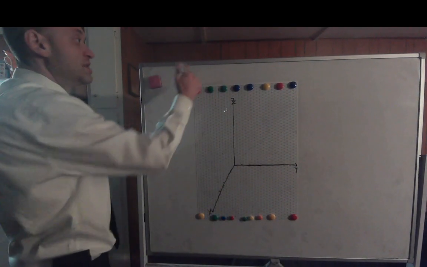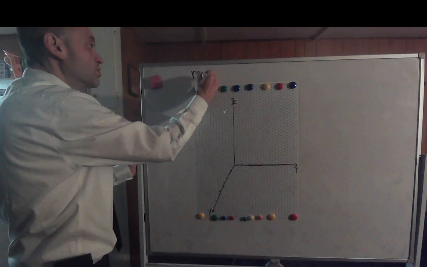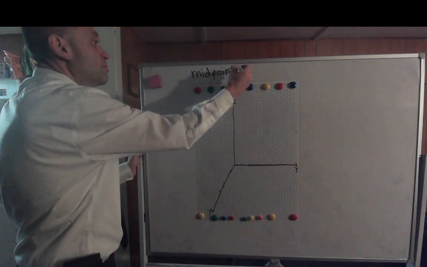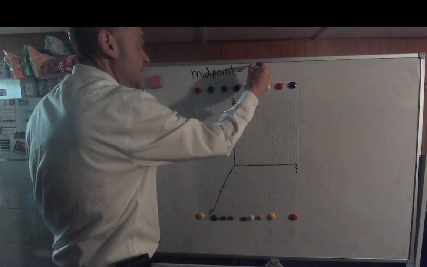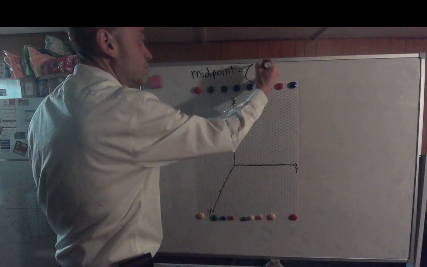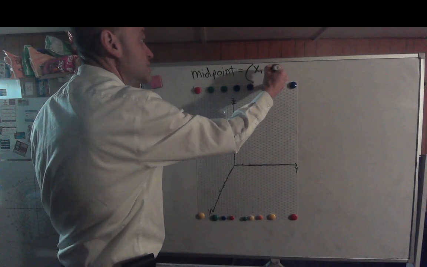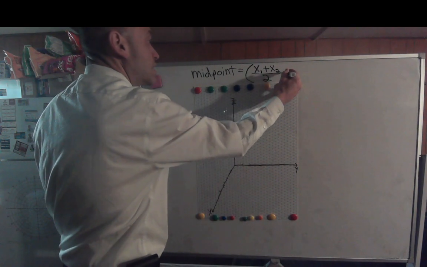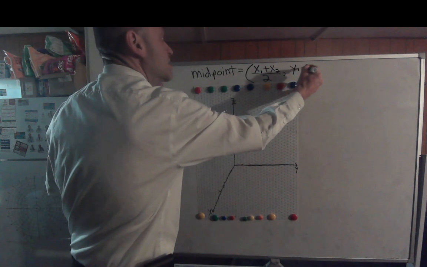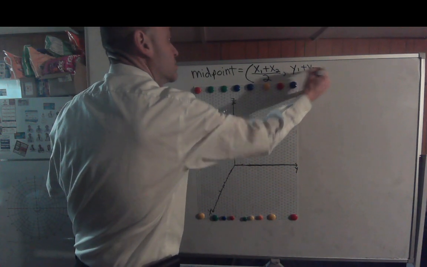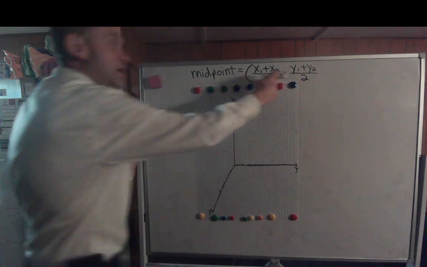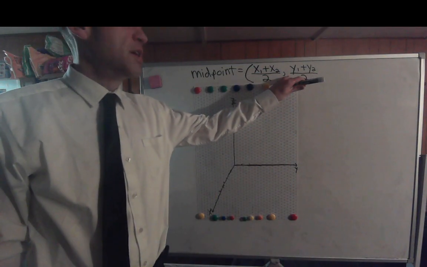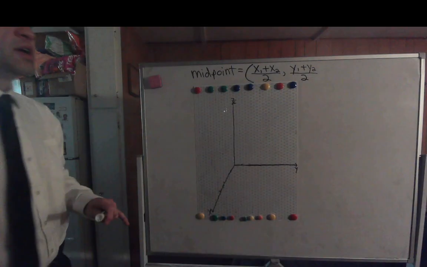So if you want to find the midpoint of two ordered triples, if you remember in 2 dimensions, you'll have x sub 1 plus x sub 2 divided by 2, comma, y sub 1 plus y sub 2 over 2. And that would give you, in the xy plane, the midpoint of two ordered pairs.